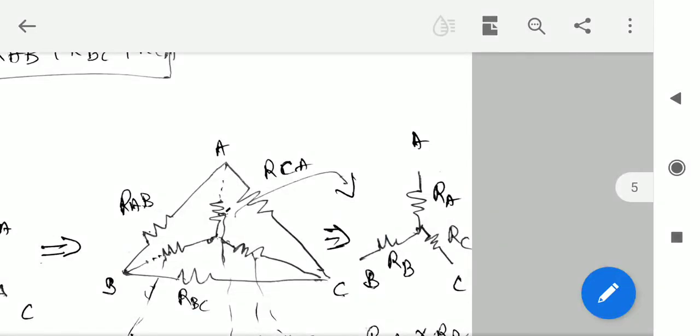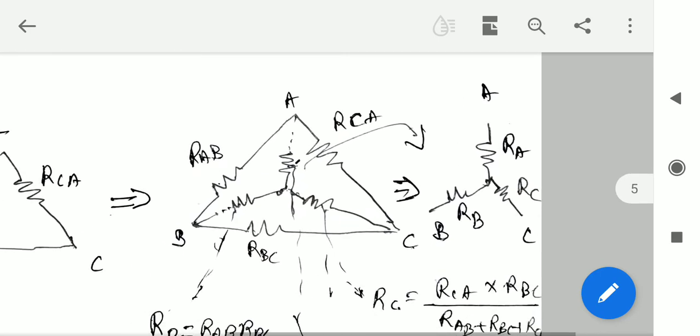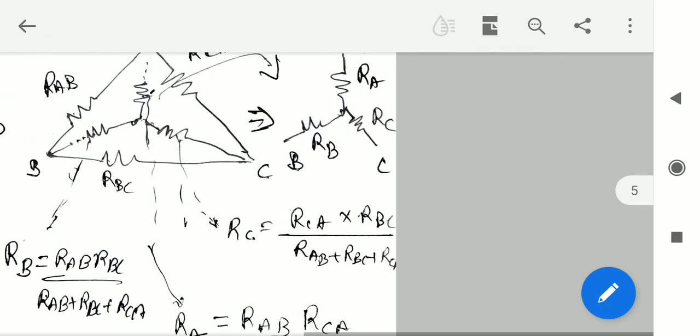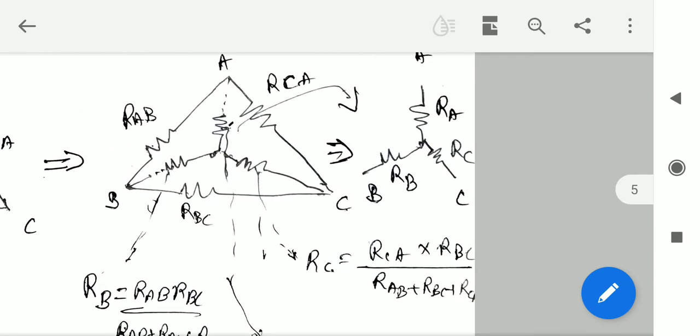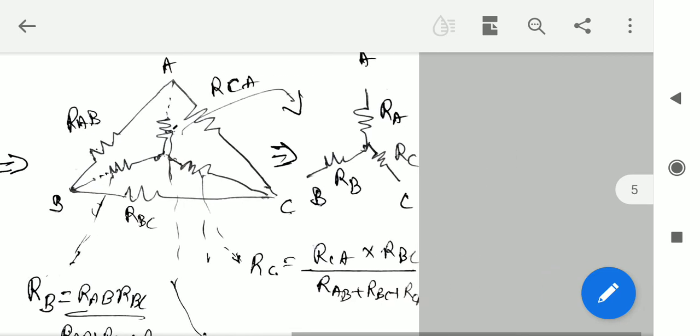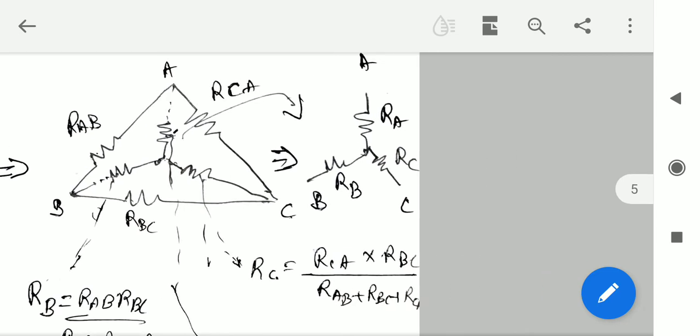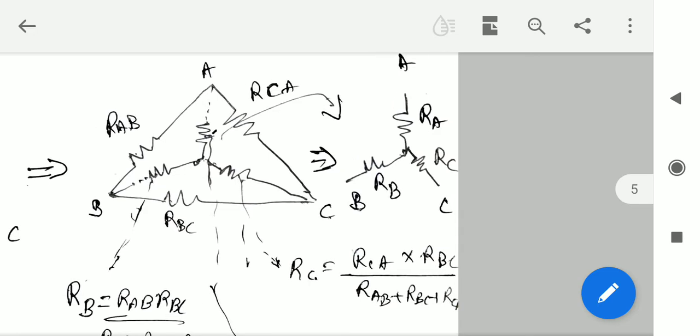So a shortcut for this: what are the resistances connected to A? The resistance connected to A in the star network is only RA. The resistances connected to A in the delta network are RAB and RCA. So RA can be written as RAB into RCA divided by the sum of the resistances. Similarly for RB: the resistance connected to point B is RB, and in the delta network the resistances connected are RAB and RBC.